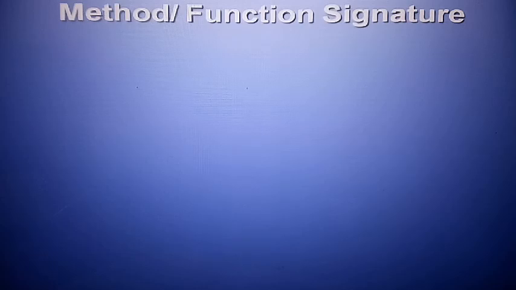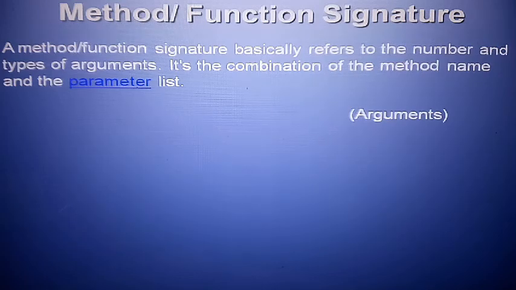Method and function signature is also most important. A method and function signature basically refers to the number and type of arguments. So with the help of arguments we can make the signature. It's a combination of the method name and parameter list.